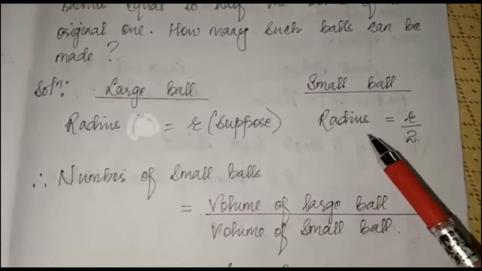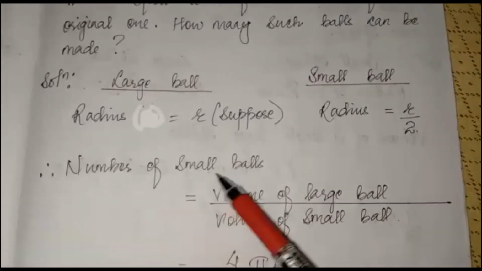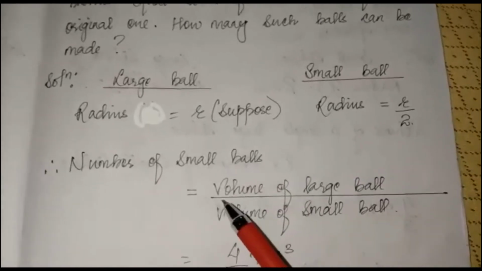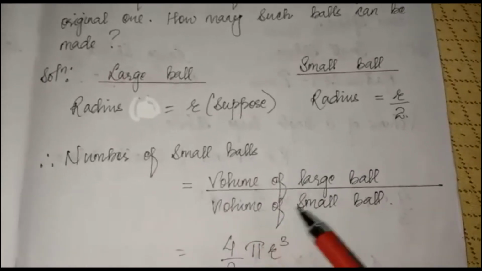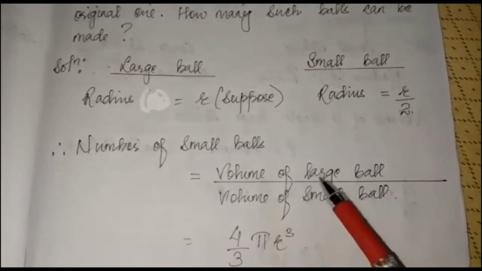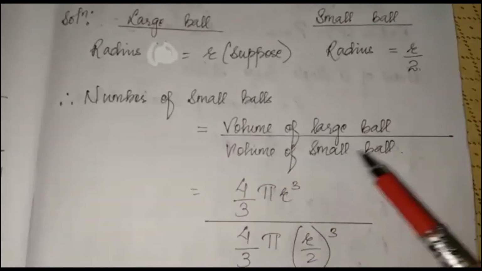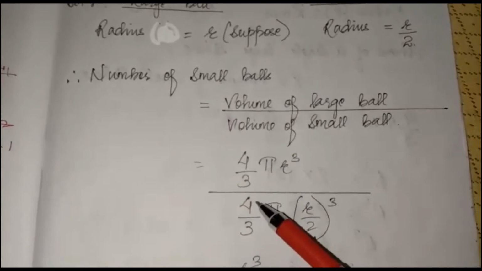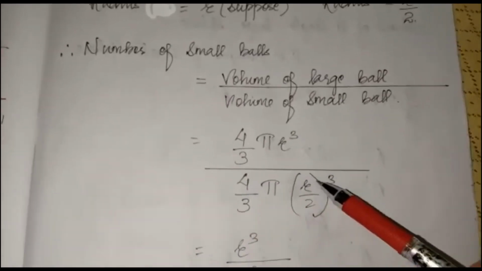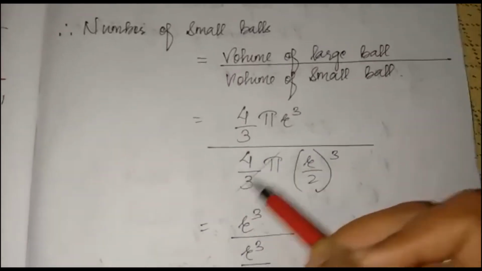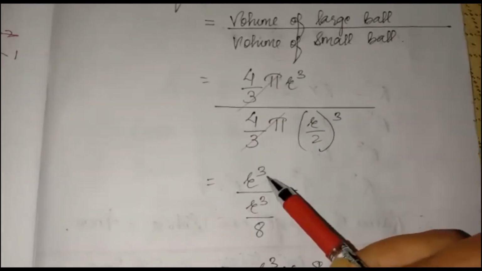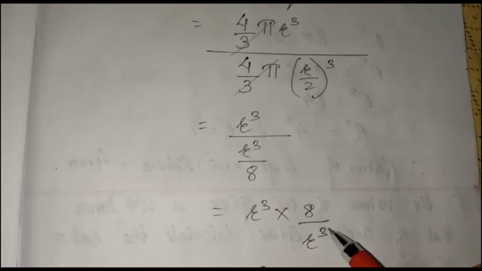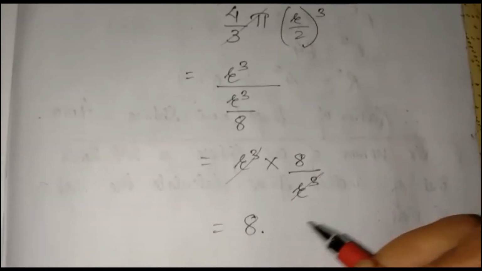I have told in the previous exercise, when you have to find the number of small balls, you have to divide by the volume of small ball. So volume of large ball divided by volume of small ball. So 4 by 3 pi r cube, and here also 4 by 3 pi into r by 2 whole cube. Cancel this 4 by 3 pi, then r cube by 8. So this will be reciprocal, r cube cancels. Answer is 8.